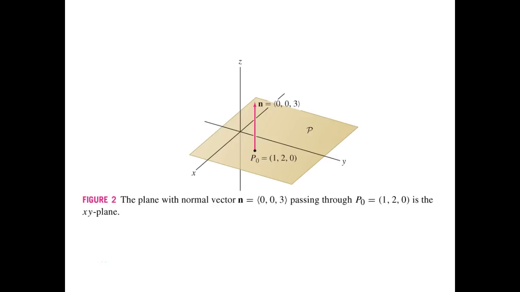You don't have the z component. You can have any old plane passing through that point, an infinite number of planes. But if the normal vector of the plane is 0, 0, 3, in other words parallel to the z-axis, going from that point, then this plane has to be the xy plane because there the z is 0. I was trying to find some meaning in that beyond just the obvious. Yeah, that has to be the xy plane.